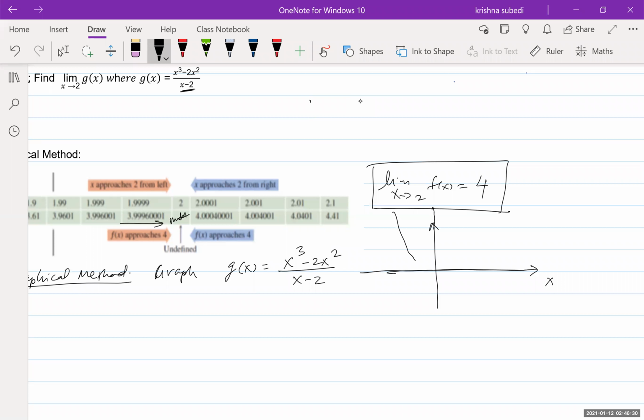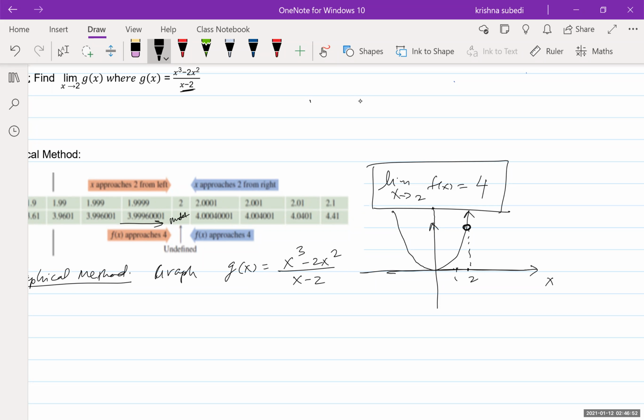The graph will be the same, but you have this is 1, this is 2. So at this point, you have a hole in it, right? Now, if it is a hole, then the limit still exists, unless there is a big break or jump in the graph, right?